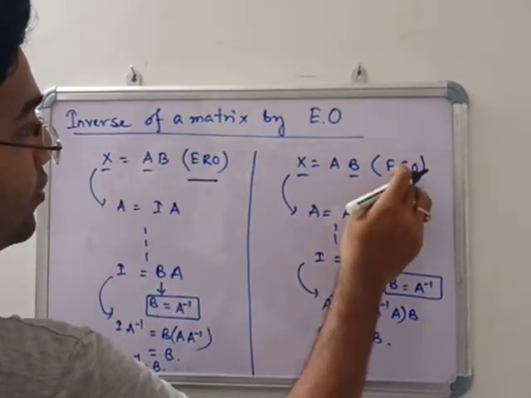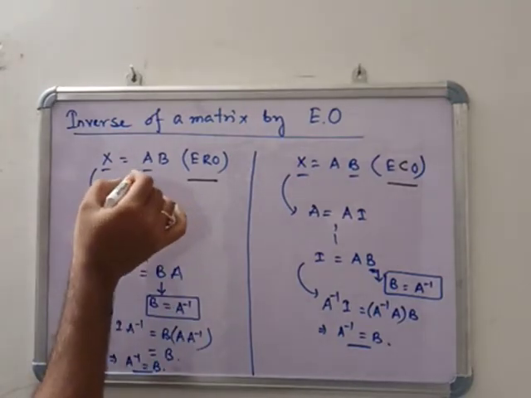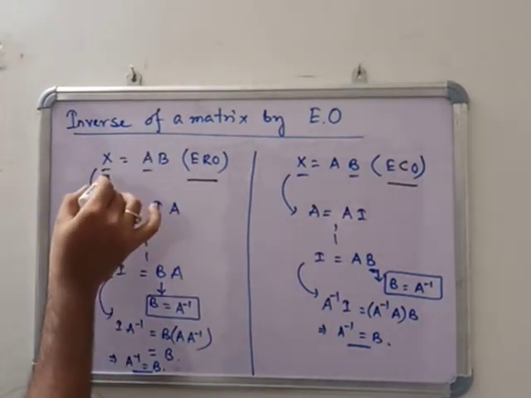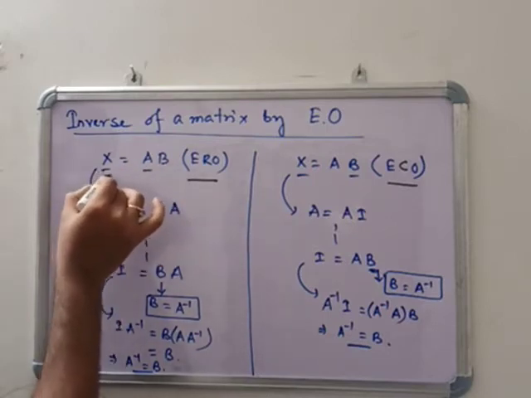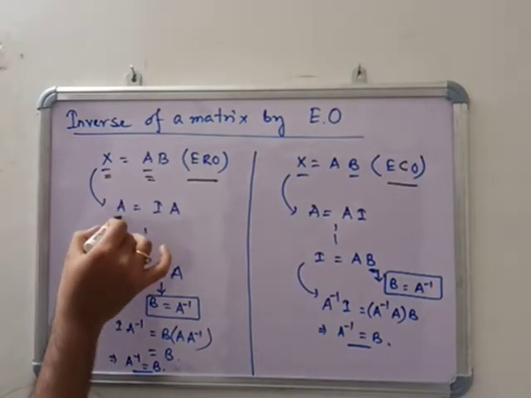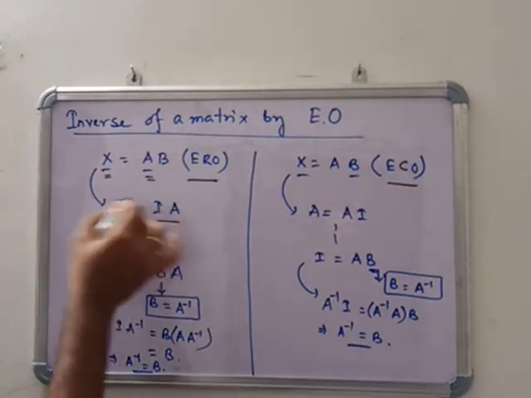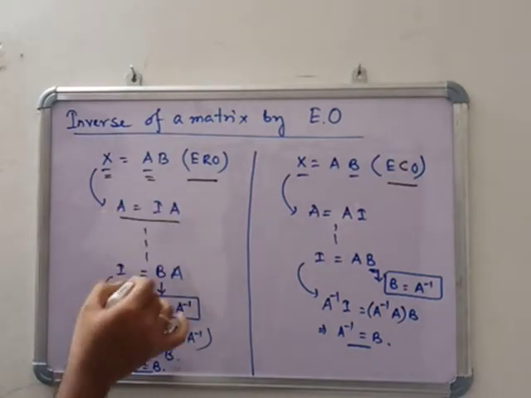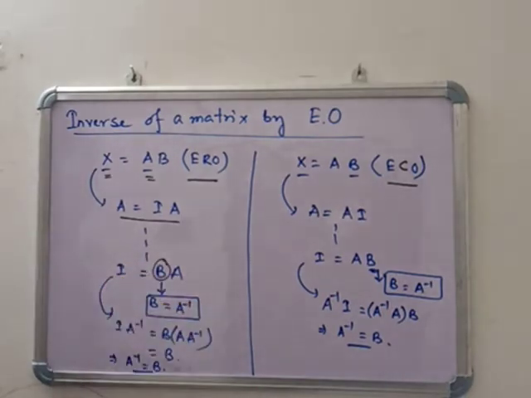This is elementary column operation and this is elementary row operation. Here we are writing A equals IA, and we change this side. After calculation we get I equals BA, and B is here A inverse.